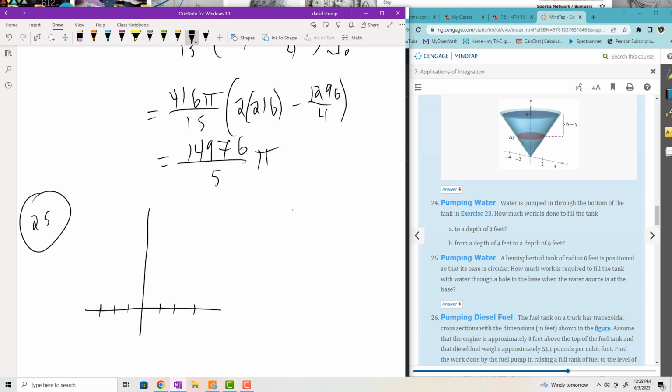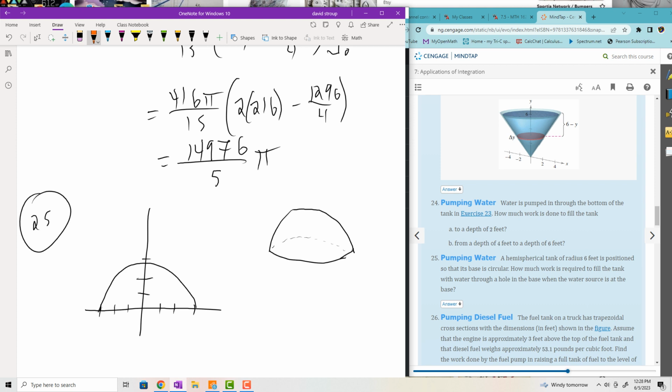So the tank looks like this, right? For the cross section, we kind of see this hemisphere. How much work is required to fill the tank with water through the hole in the base? The source is at the base.